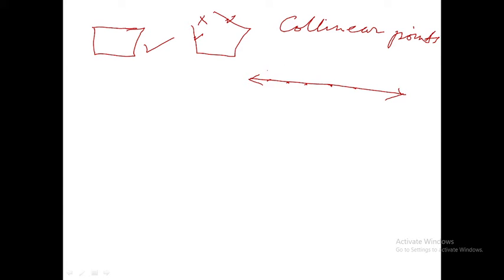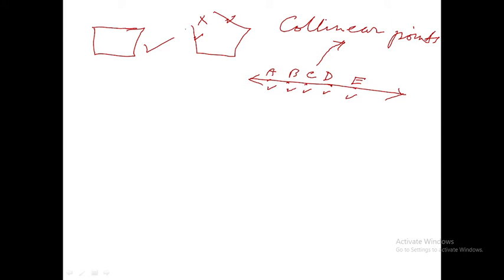Here I have taken point A, point B, point C, point D, point E. 5 points I have taken. All these points lie on a straight line. So the points are called collinear points. Okay.